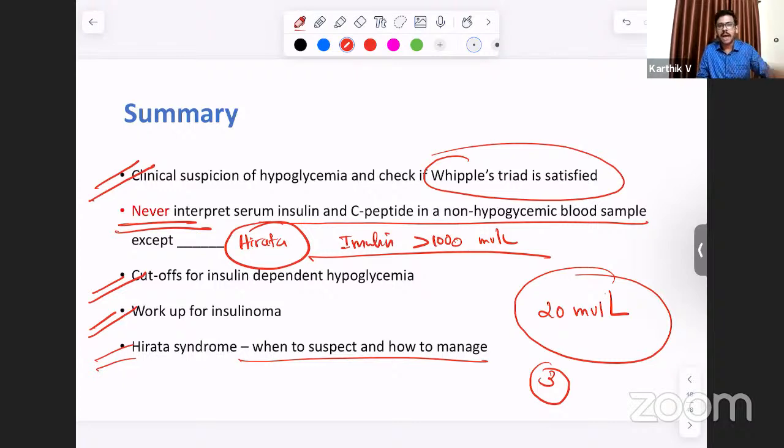If it is normal or high, it is Dawn phenomenon. So for treating Dawn phenomenon, you have to increase the basal insulin dose, and for treating Somogyi, you have to decrease the basal insulin dose.